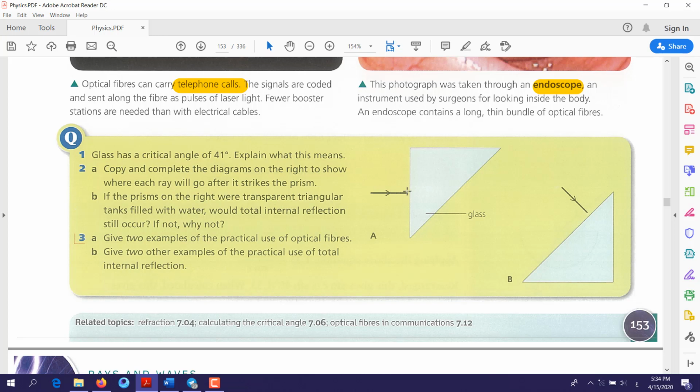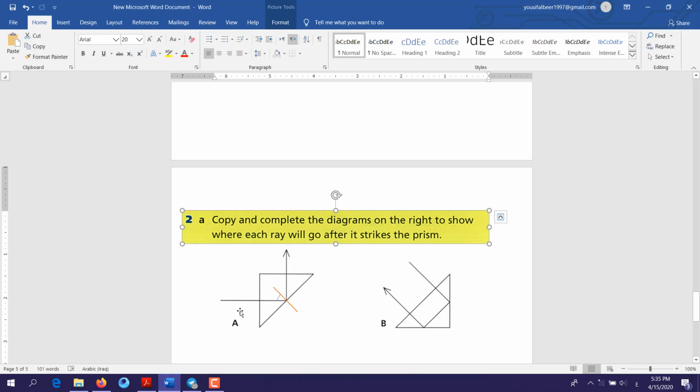When it passes through this prism, complete the path of it, where it will go. Firstly, the incident ray is striking the medium here at a right angle, so the angle here is 90 degrees.